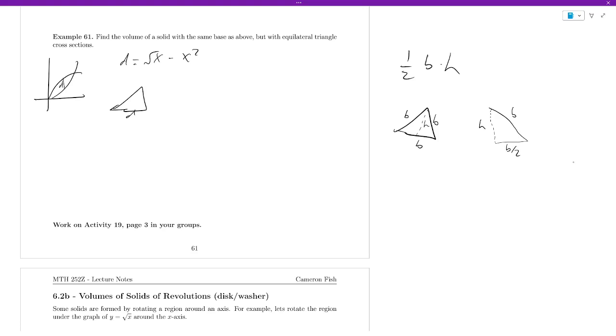I have to maybe convince myself that this vertical line that I draw really does cut the bottom length in half. It's pretty plausible because it's equilateral, but you have to think a little bit about it, right? If I had a not equilateral triangle, then there's different angles that you could pick here, and they wouldn't all cut this in half. So you have to know a little bit about what's going on there.